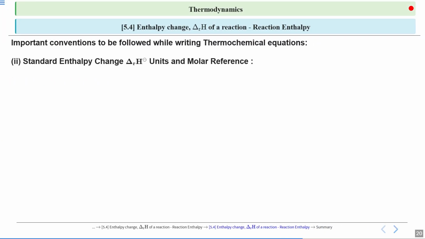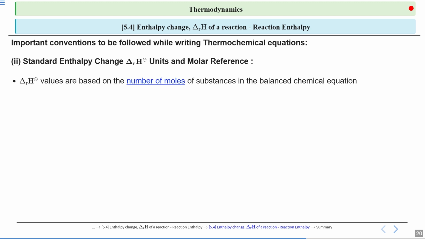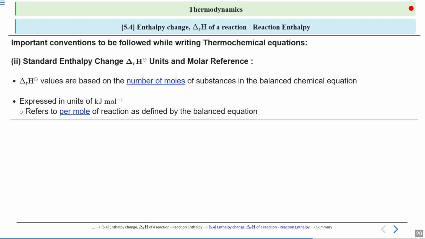The second convention was that delta rH naught, which is the standard enthalpy change, has a molar reference. So, if you are writing it as the standard case, then you have to define it for a per mole condition. Therefore, you are keeping the coefficient indication as moles and not as molecules, because we are writing the enthalpy change in terms of per mole. And we have seen that its representation is kilojoule per mole.